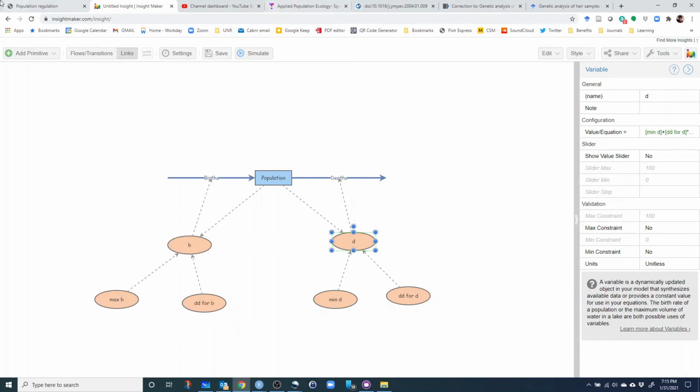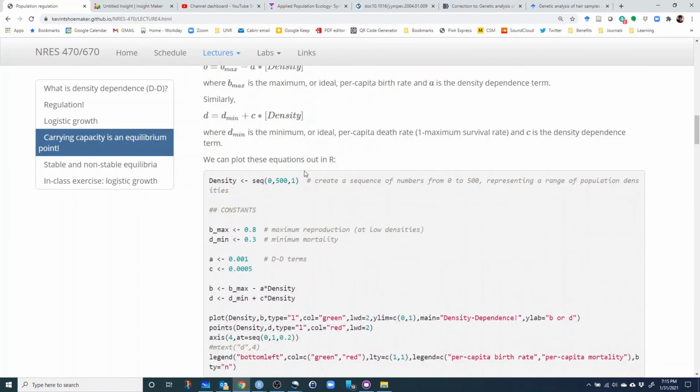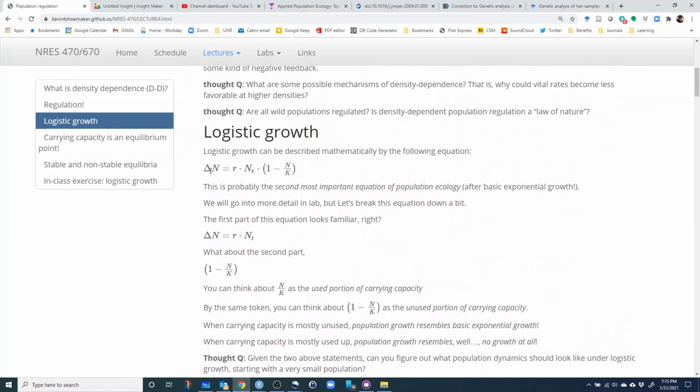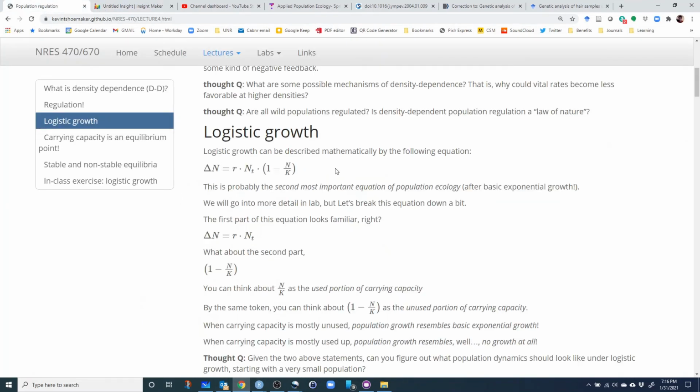And I just want to point out that the model we're just about to build really replicates this equation of logistic population growth. Unlike the model we just built, where we don't have carrying capacity, we don't have R, it's not as clear how that represents the model we saw in lecture, this equation.